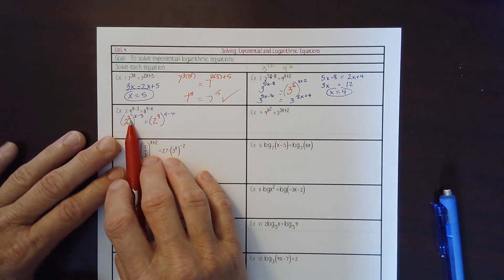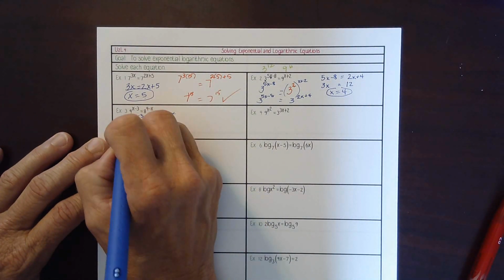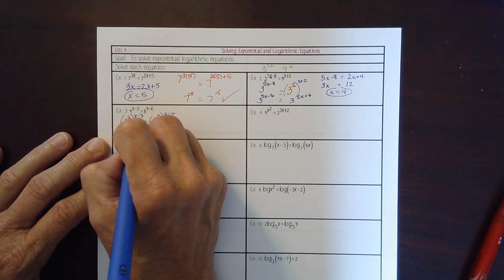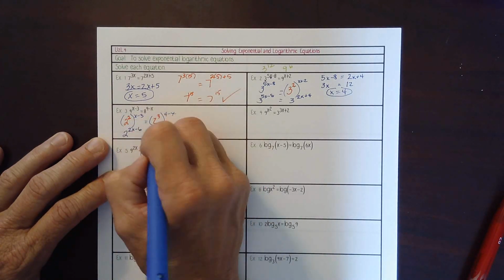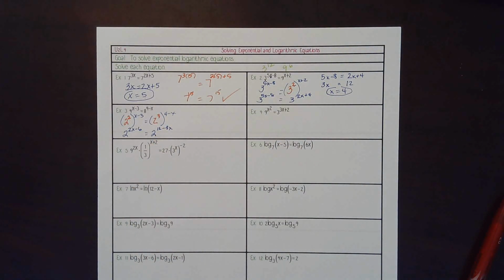Now let's apply the properties of exponents. So that's going to give us 2 to the 2x minus 6 power equals 2 to the 12 minus 3x power. So our bases are the same.